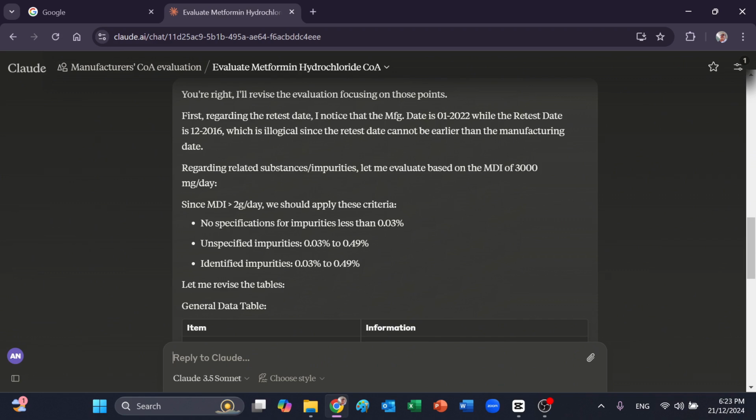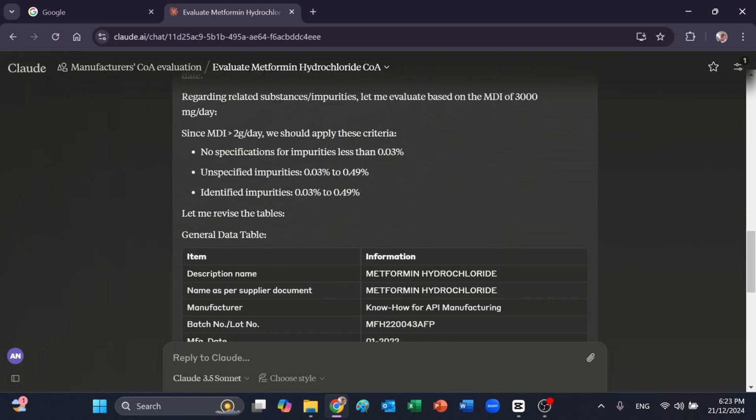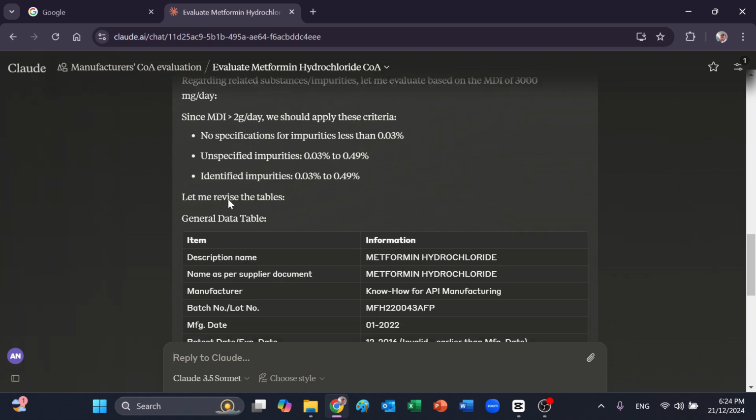Focusing on those points, first, regarding the retest date, I noticed that the manufacture date is January 2022, while the retest date is December 2016, which is illogical, since the retest date cannot be earlier than the manufacture date. Regarding related substance impurities, let me evaluate based on MDI of 3000 milligrams per day. Since MDI is more than 2 grams per day, we should apply these criteria.